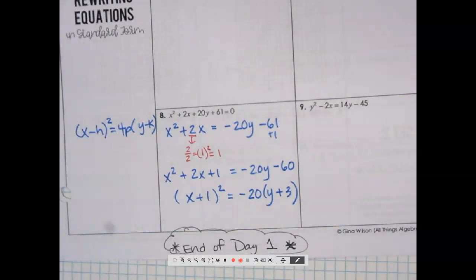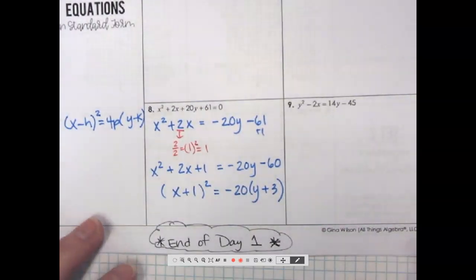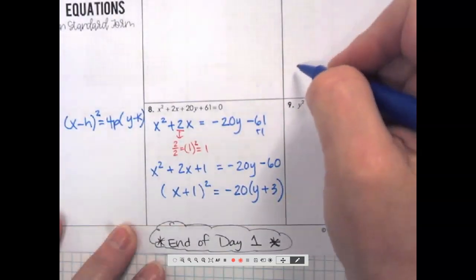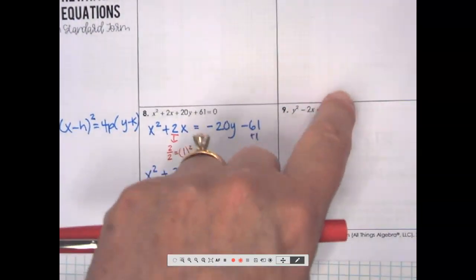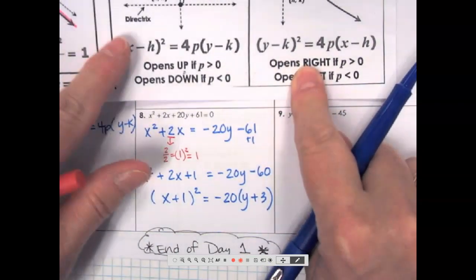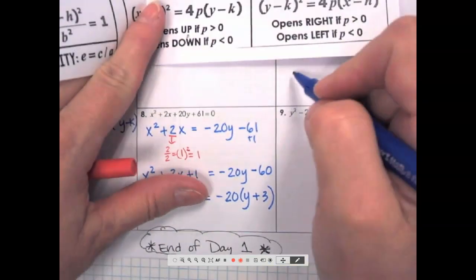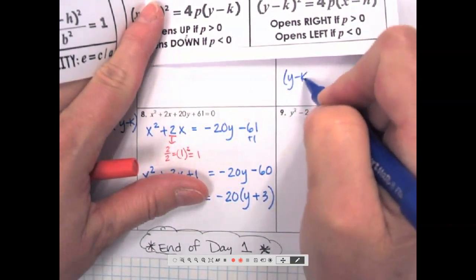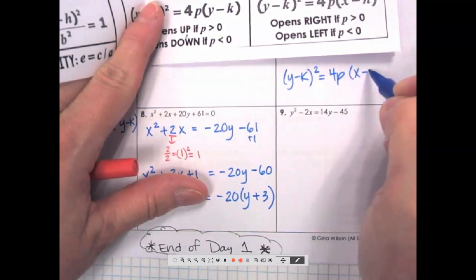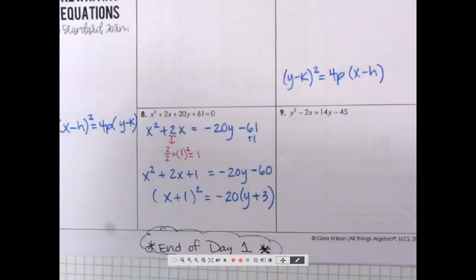Okay, one more. So this one, the y is what's squared. I'm going to put the equation that I want above it, since we're not doing number 7. So if the y is squared, this is what my equation will look like. Y minus k squared equals 4p x minus h. So that's my goal, to make it look like that.